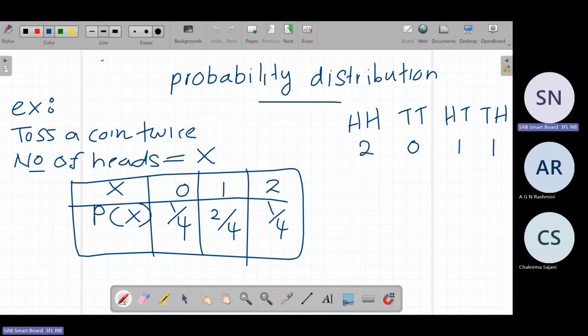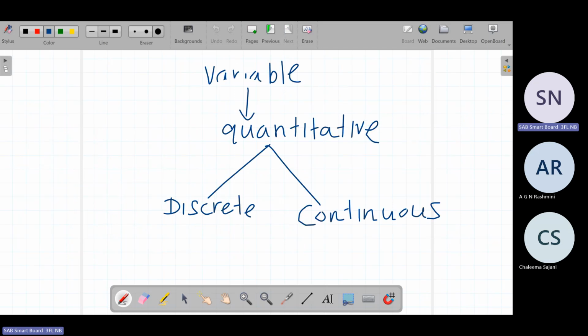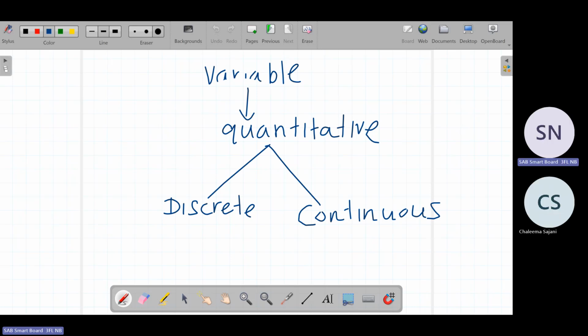Understood? If the random variable is a continuous one, we can construct what? A continuous probability distribution. Mass, weight, height are continuous variables, so we can construct a continuous probability distribution.